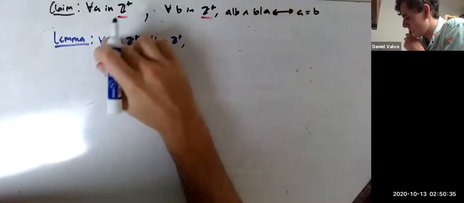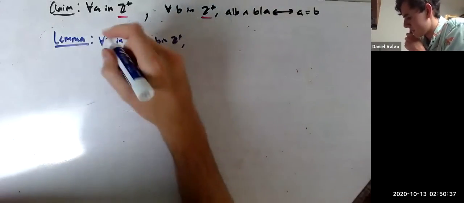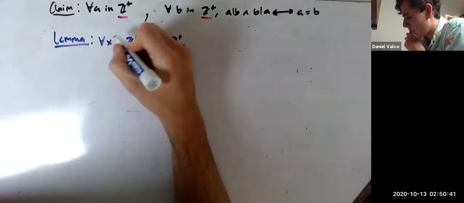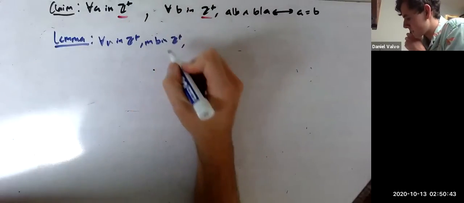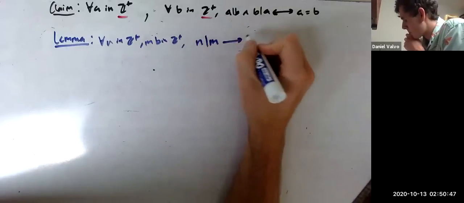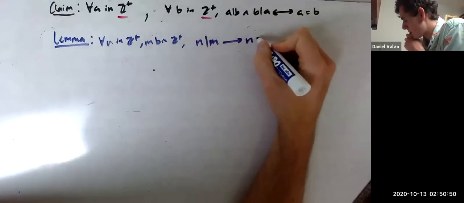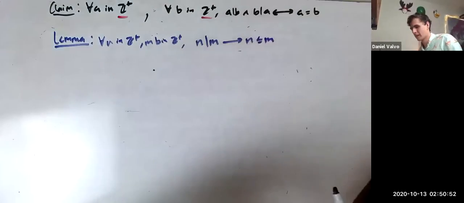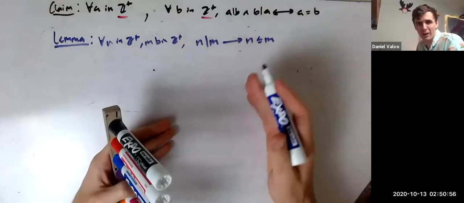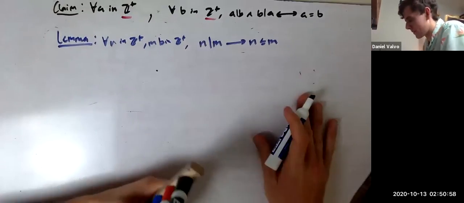I'm actually going to use N and M, just so I don't confuse X and Y. For all N in Z plus and M in Z plus, N divides M implies that N is less than or equal to M. Because once we prove that, it's going to make our bigger theorem easier.